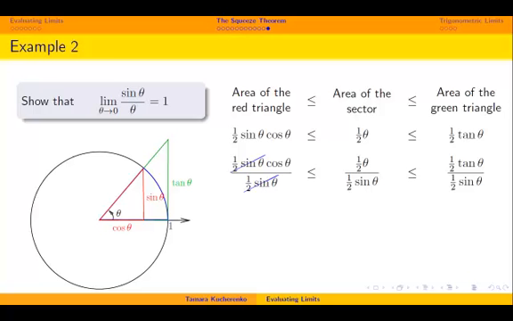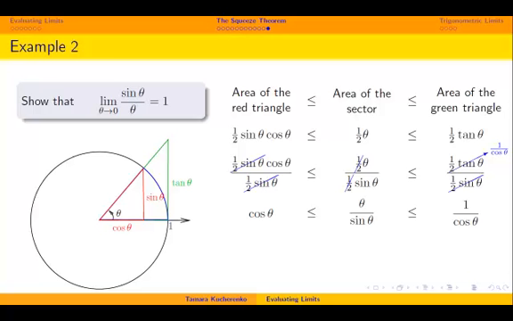In the middle, we cancel 1/2. On the right, we simplify tangent theta over sine theta to be 1 over cosine theta. We obtain the inequality cosine theta is less than or equal to theta over sine theta, which is less than or equal to 1 over cosine theta.